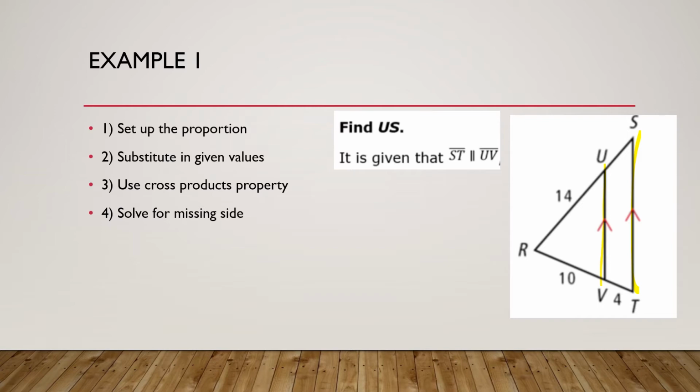So that means U to S and its other piece that was cut, R to U, is in proportion to, on the other side, V to T. So if we go in the same order, to its larger piece, which would be R to V.